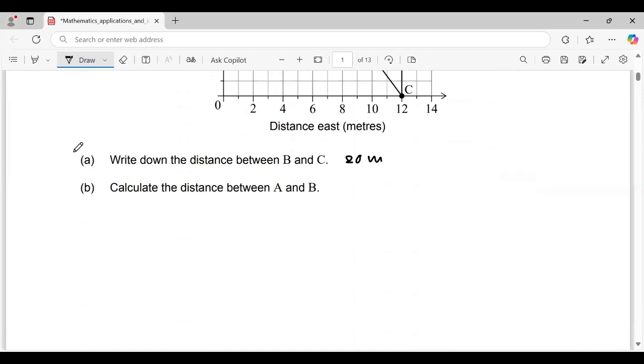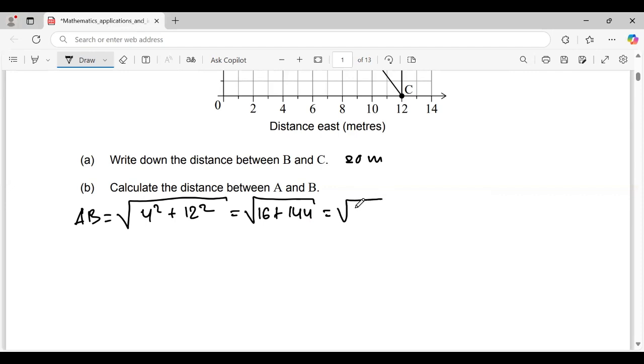So AB equals the square root of 4 squared plus 12 squared, the square root of 16 plus 144, the square root of 160, which equals 12.6491. Rounded off, it becomes 12.6 meters.